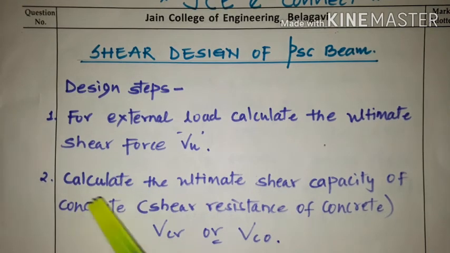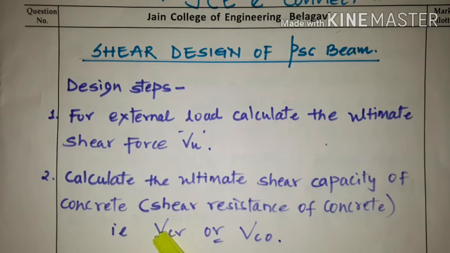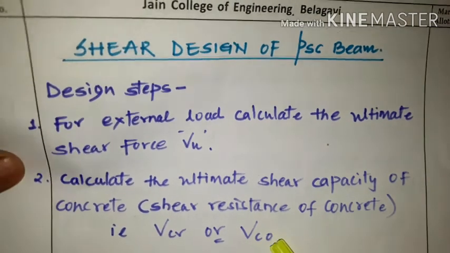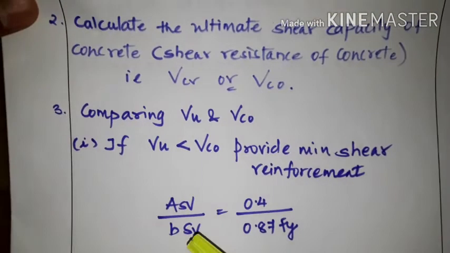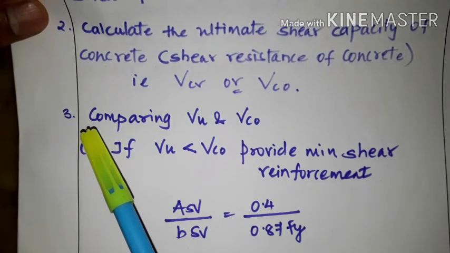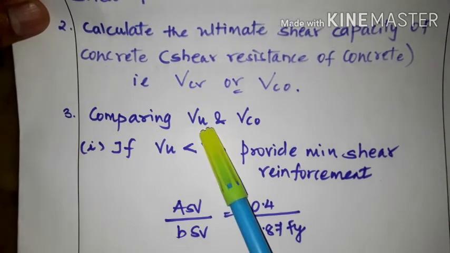The second step is to calculate the ultimate shear capacity of concrete, or the shear resistance of concrete, that is nothing but VCR or VCO. So the third step is to compare VU and VCO.